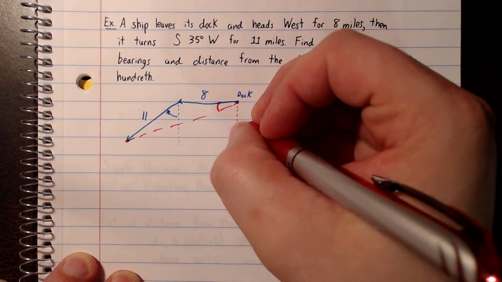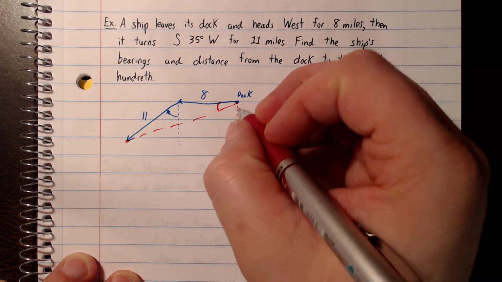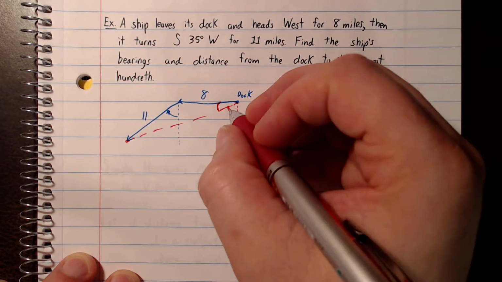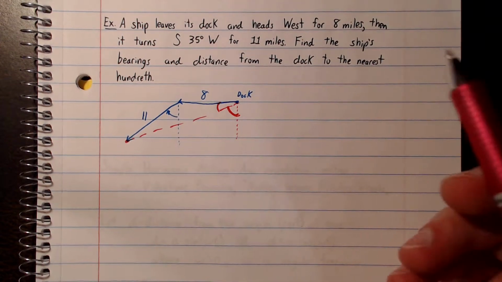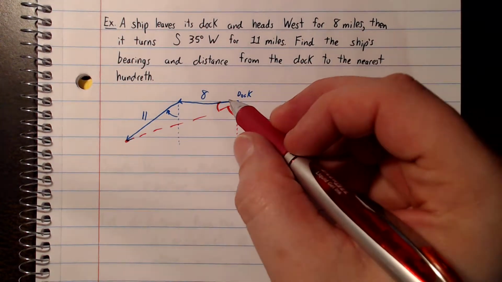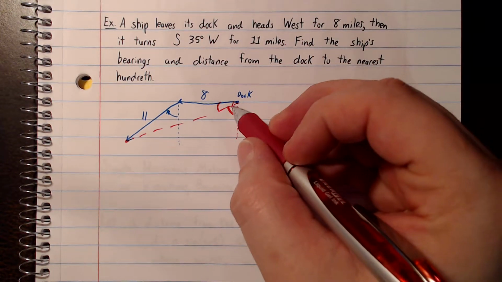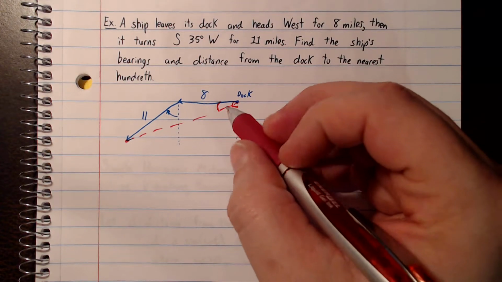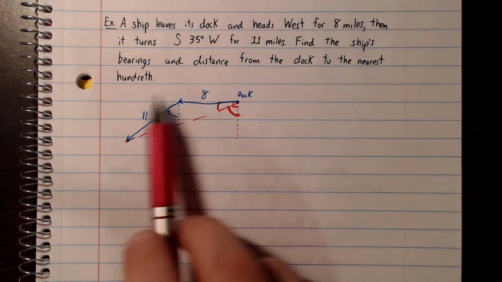Really what they're looking for is the bearing, which would be from this south line the angle here. Okay, so this is what we're really looking for. Now, there's some good news because if we notice west versus south, that's a perfect 90. So once we get this angle, we can subtract from 90 to get the bearing. So that's good news. We have a game plan for the bearing part.